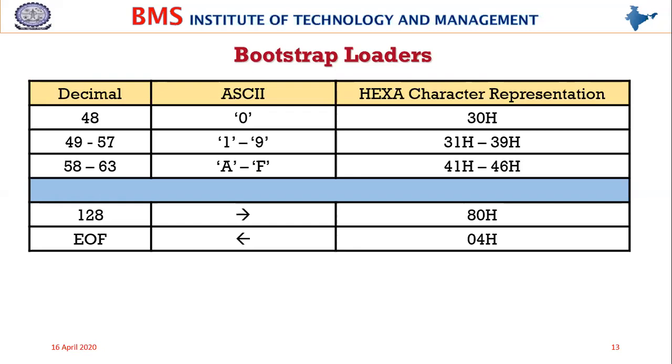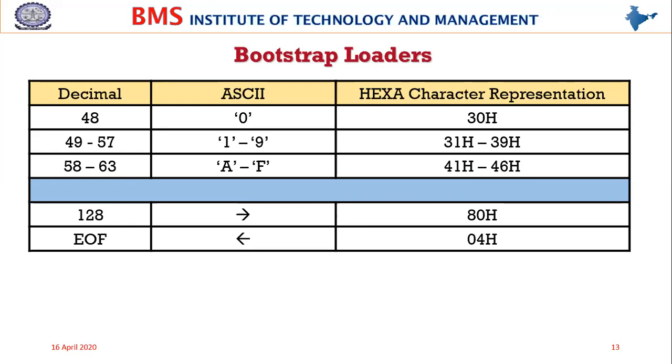Similarly, 49 to 57 represent 1 to 9, which are represented in hexa as 31 to 39. This looks a bit confusing, but after we have seen the example, things will be better. 58 to 63 represent A to F, that is 41 to 46. Apart from this, we have some constants.